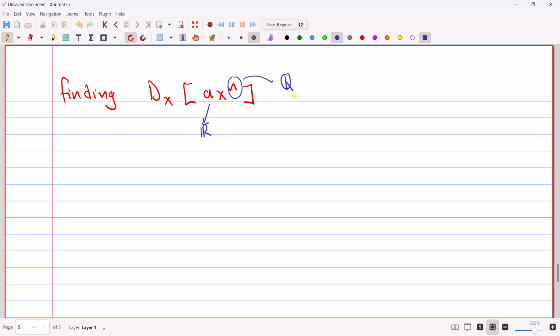So that's exactly what we want to look at today: how to find derivatives of functions of that form.